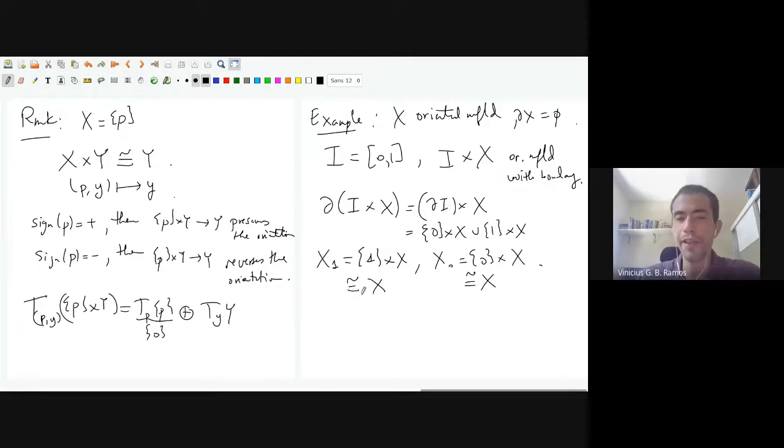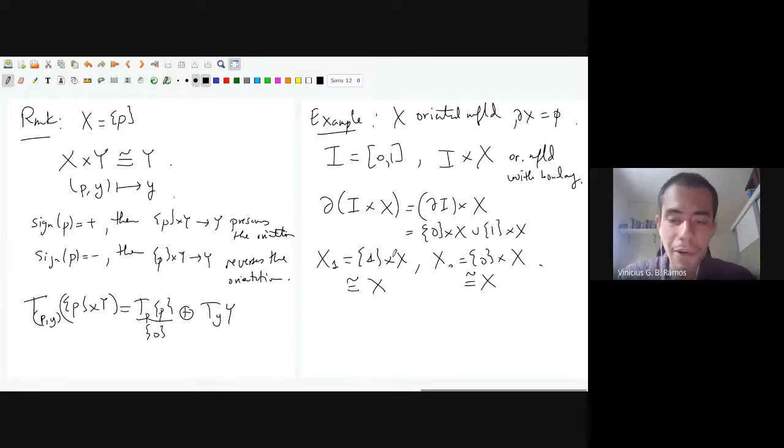So I look at the tangent space of X1, which is the same as the tangent space of X, and I take the oriented basis for X, and that induces an oriented basis for X1, and the same thing for X0.